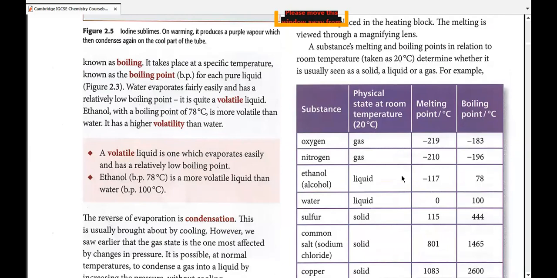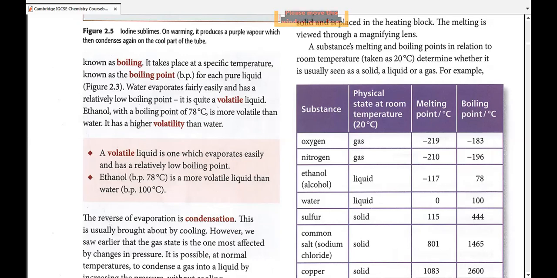Now, let me clear that a little bit. You might have a question: why do we have two different room temperatures? All the countries in the world which are considered cold countries, in which for most of the year the weather is cold, their room temperature is considered to be 20. However, the countries closer to the equator, the hot countries, for which most of the year the temperature is hotter, are considered to have a room temperature of 25 degrees centigrade.